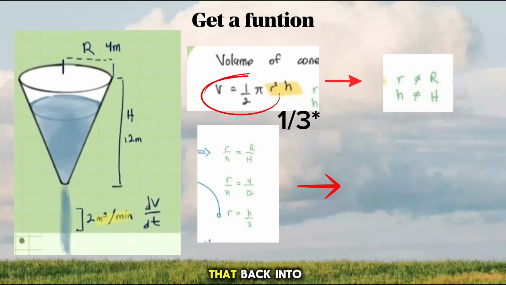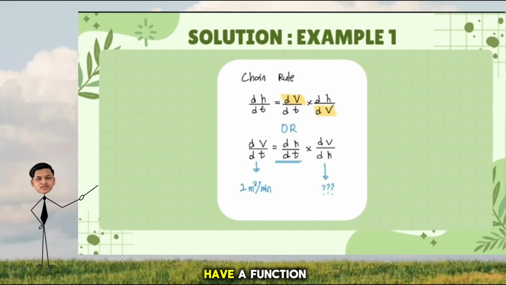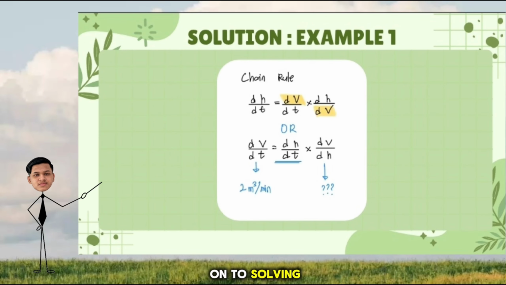By substituting that back into our volume formula, we get the function of V is pi h cubed over 27. Now that we have a function, we can move on to solving the question using the chain rule.